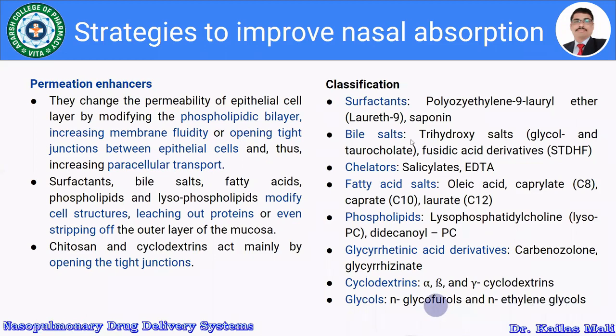So these are the certain permeation enhancers which are used in nasal formulations.